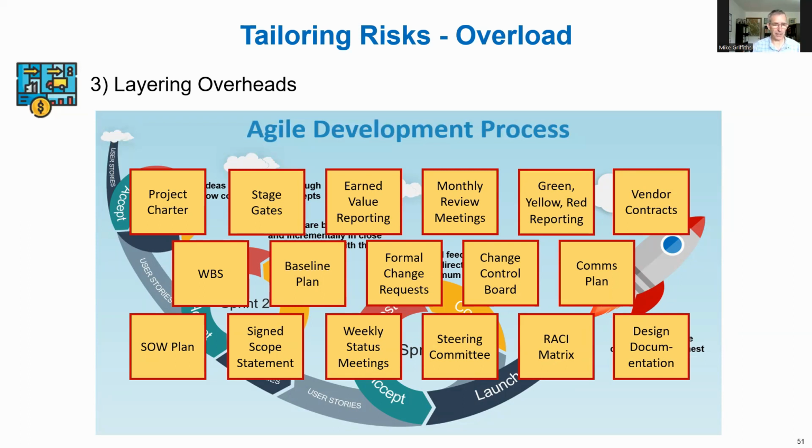So this is another problem that we see in hybrid environments, that we ask team members or teams to do both worlds' worth of process, and that's never going to work either, right?